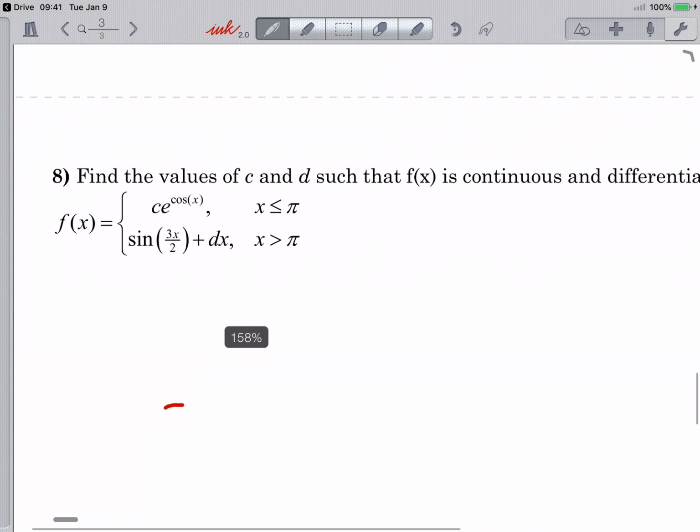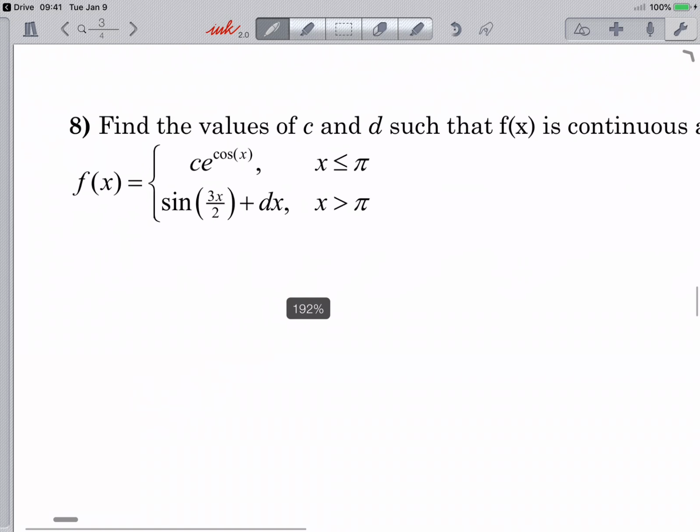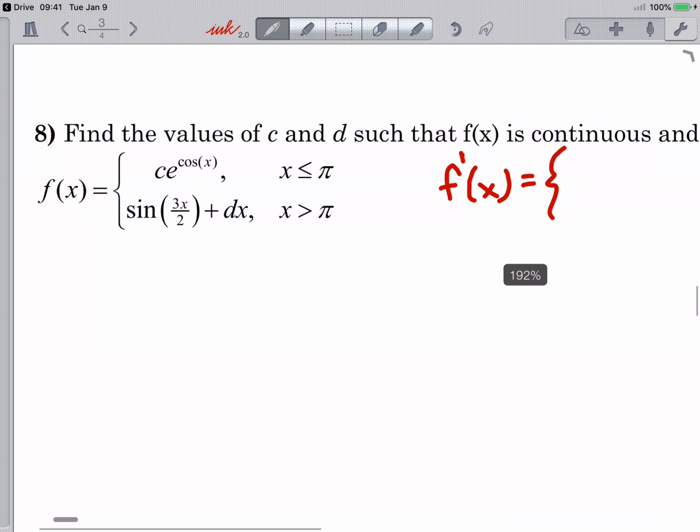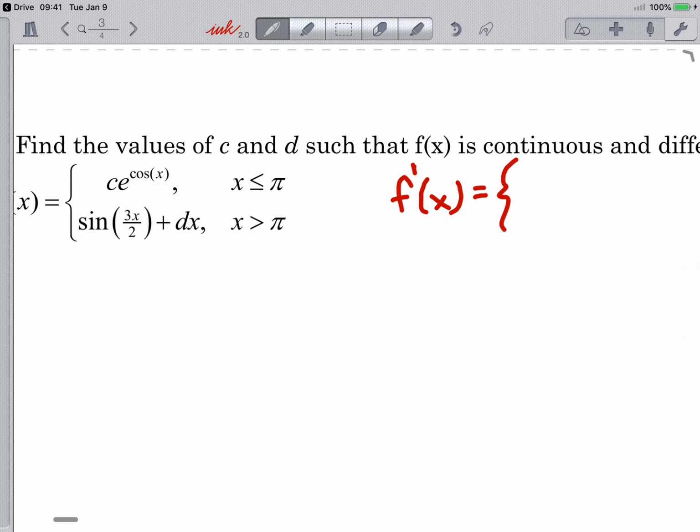Same exact style of problem, a little bit different problem to work with though. So I'm going to go ahead and take my derivative first, so I've got everything in one spot. So f prime of x is the derivative of something times the derivative of an exponential function, copy it down.